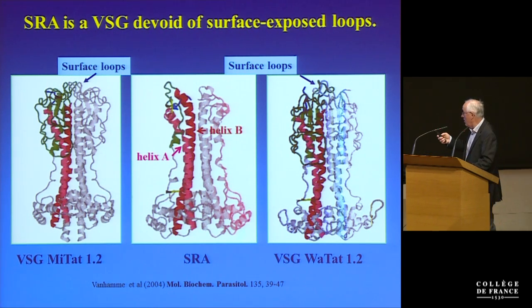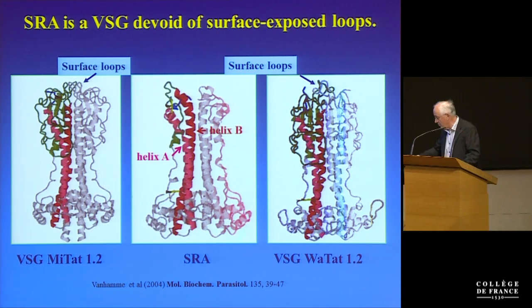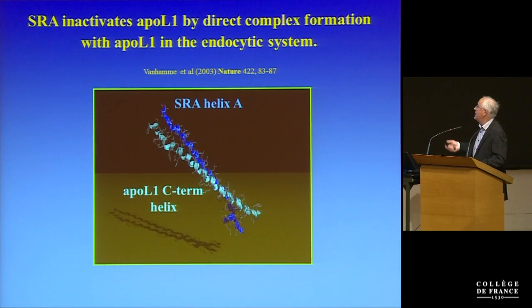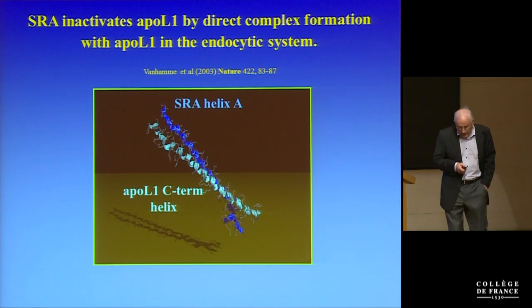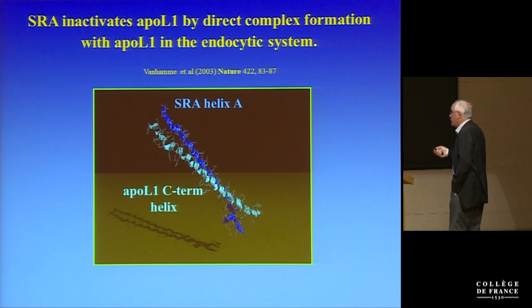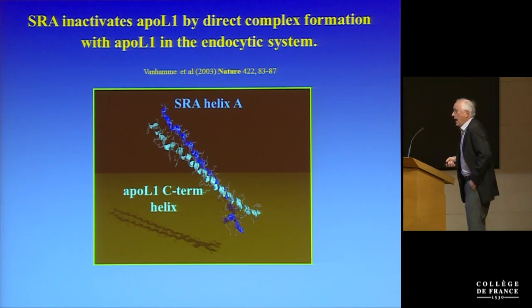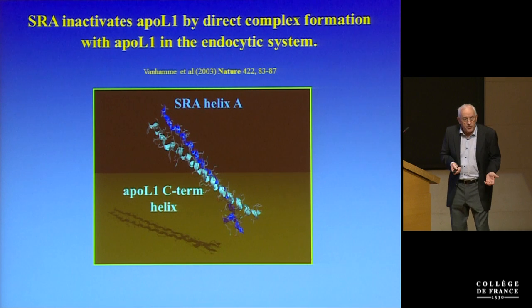To understand how this could confer resistance to human serum, we realized that this SRA protein is able to interact strongly with ApoL1. By the way, this is how we discovered ApoL1.